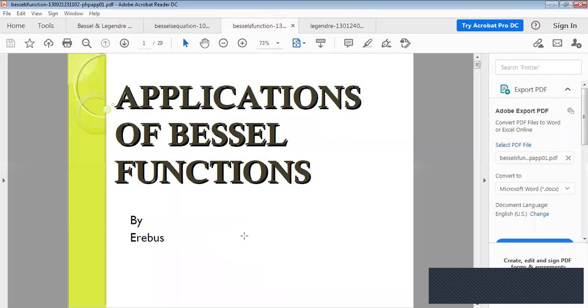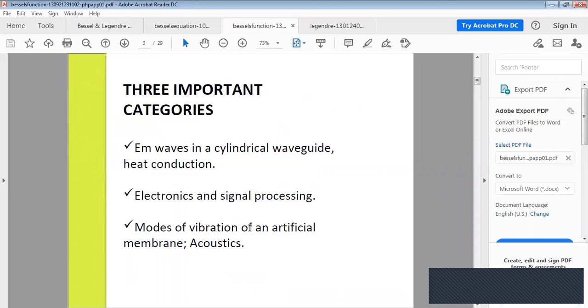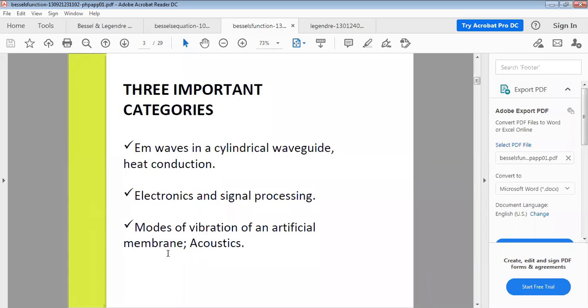Actually, Bessel functions have different types of applications. Three important categories: waves in a cylindrical waveguide, heat conduction, electronics and signal processing. Modes of vibration of an artificial membrane, acoustics. This is actually used in robotics.